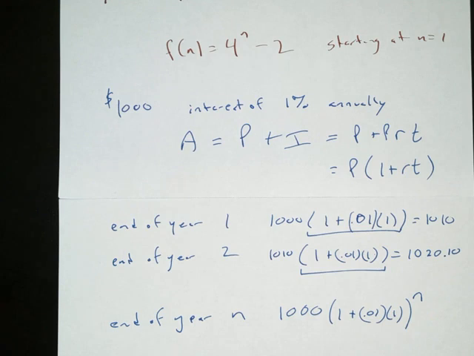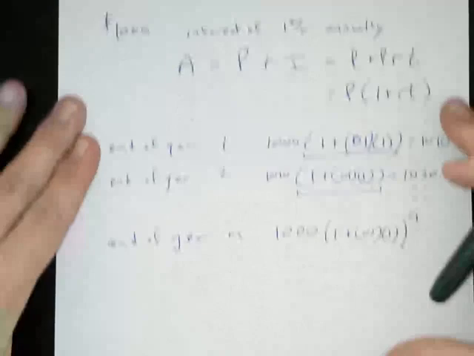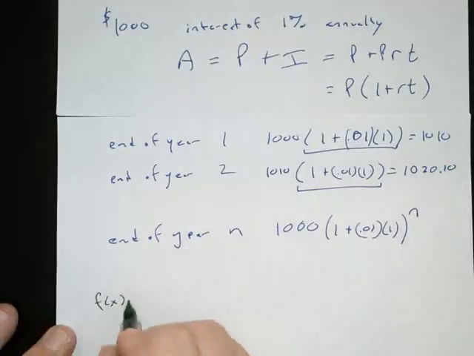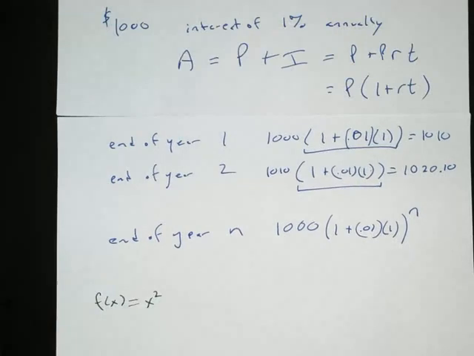Here's another one. This one is a little more algebraic. I want you to take a number, any number at all, plug it into that equation. Take what you get out and put it back in.